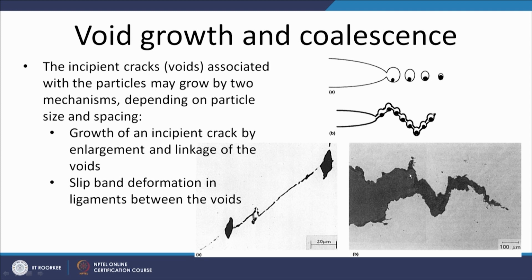This can be seen in this fracture surface also, where there is a continuous change in the direction of the fracture surface according to the presence of these inclusions, and their void formation and coalescence lead to the zigzag shape of the fracture surface. So, the location where these are present also affects the way the crack grows during the fracture.